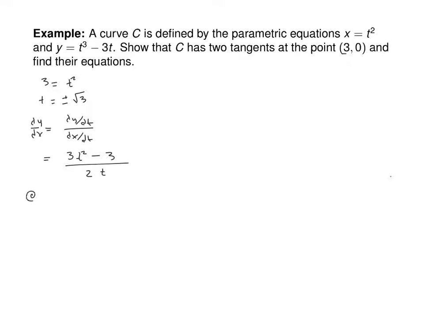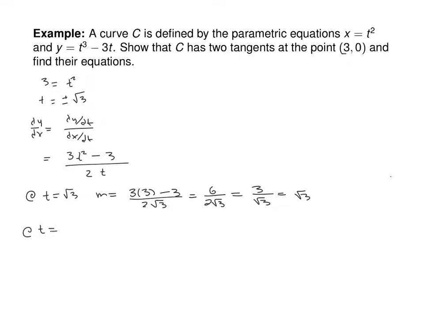And so at the point where t is equal to root 3, the slope will equal 3 times root 3 squared, which is 3, minus 3, over 2 root 3. So that's 9 minus 3, or 6, over 2 root 3, which is 3 over root 3, or simply square root 3.